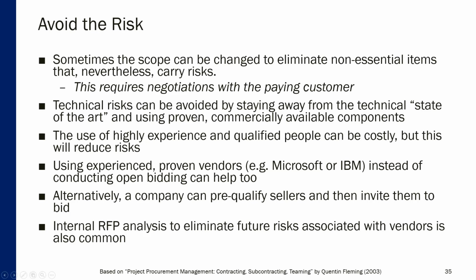Some technical risks can be avoided by staying away from state-of-the-art technologies and using proven commercially available components. Sometimes this is accomplished by working with experienced, proven vendors such as Microsoft or IBM instead of conducting open bidding that can help find potentially useful vendors that are nevertheless risky. They're dark horses in the sense that they're not tested, they're not proven over time.